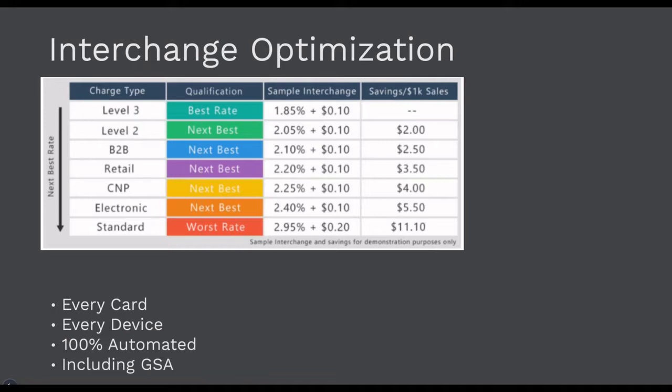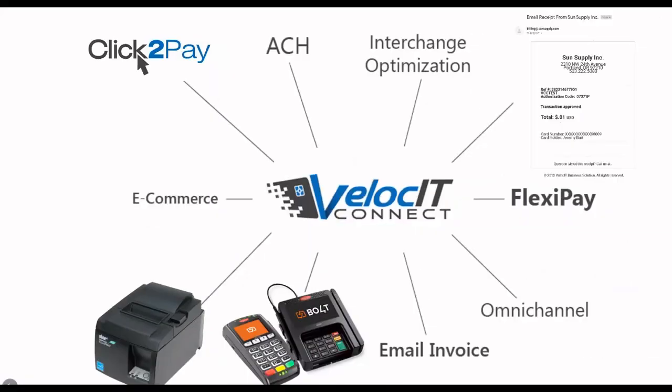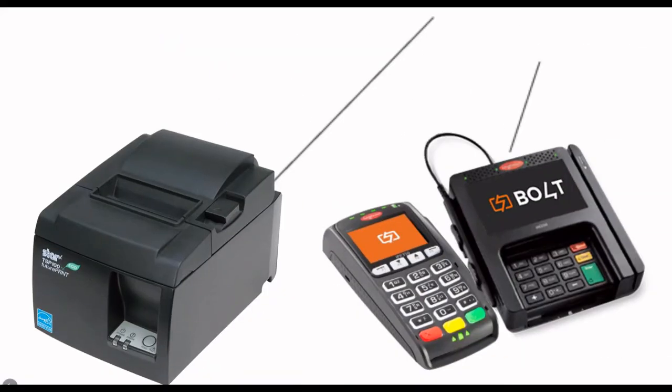We're trying to move you from that worst rate up to the best rate, and every card type that is B2B is going to have a little bit different rate structure, but this is just one example of how well we could qualify and make a difference on a transaction. It's probably an extreme case of about 1.1%, but obviously the math is important here. You guys want to make sure you're saving as much as possible, and that's our focus. Now, we talked a little bit about card present.